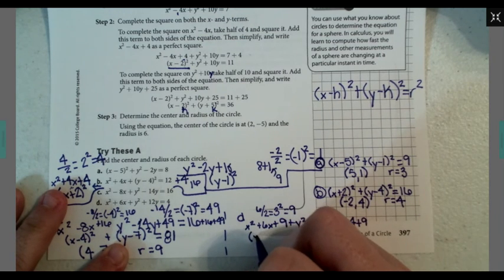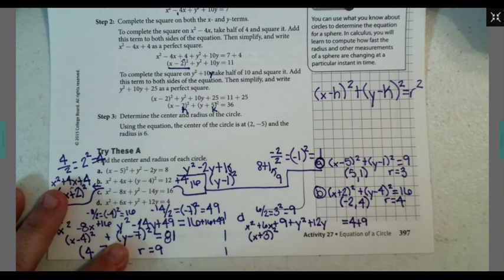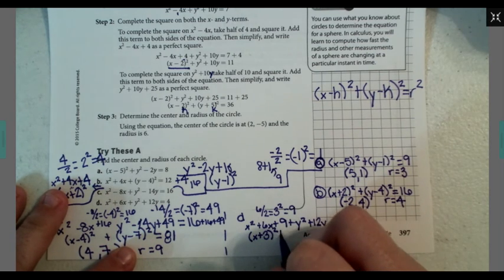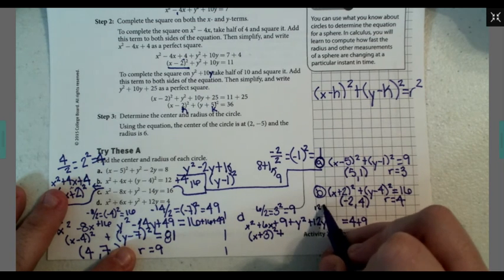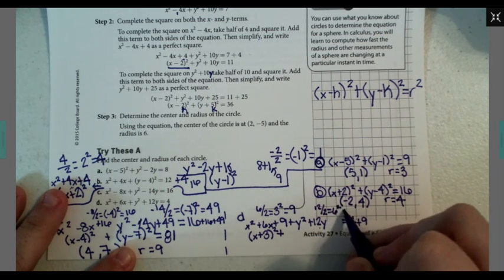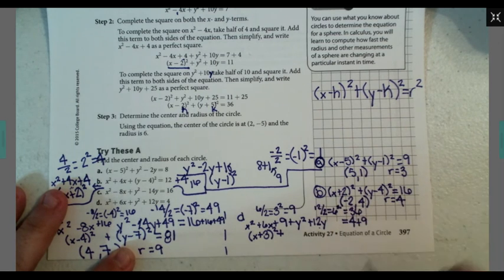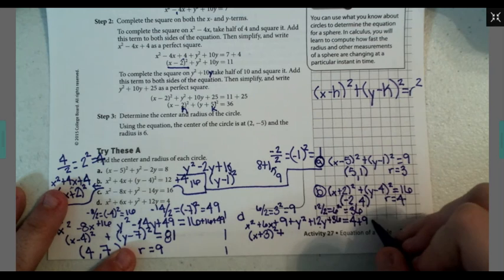I'm going to rewrite this as x plus 3 to the second power. Here we have 12 divided by 2 equals 6, and 6 to the second power is 36. So we add 36 to both sides.